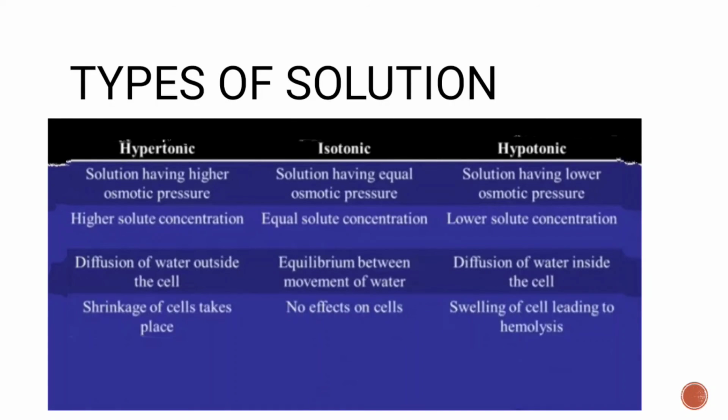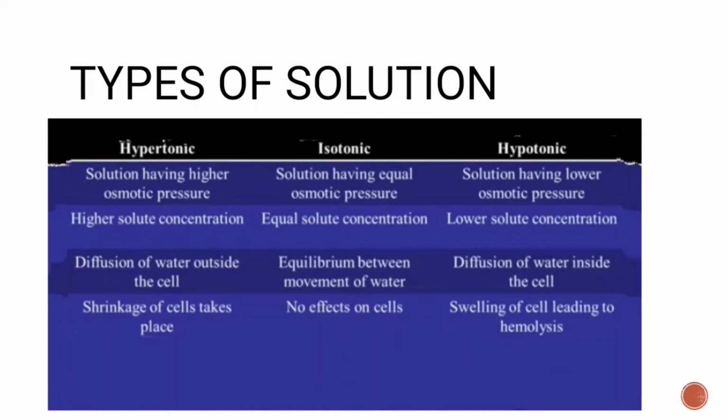Talking about the diffusion and the movement of water molecules. Whenever RBC are exposed to the hypertonic solution, due to diffusion of water outside the cell, shrinkage of the cell takes place.